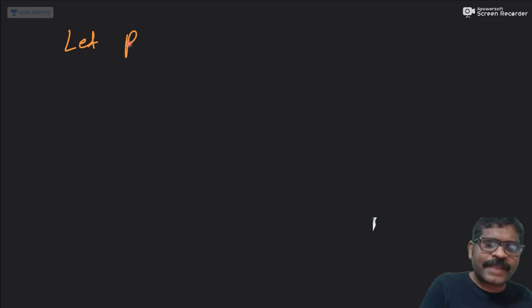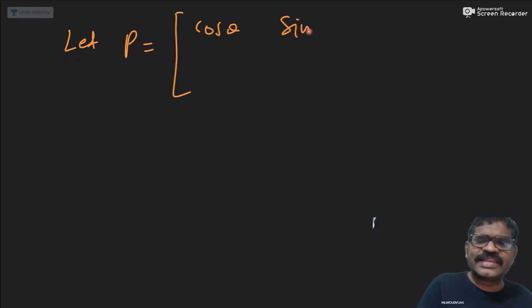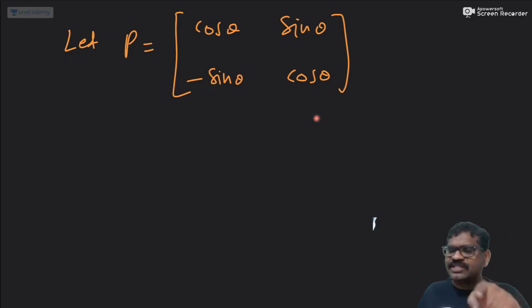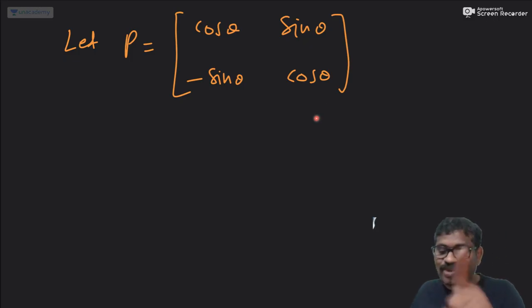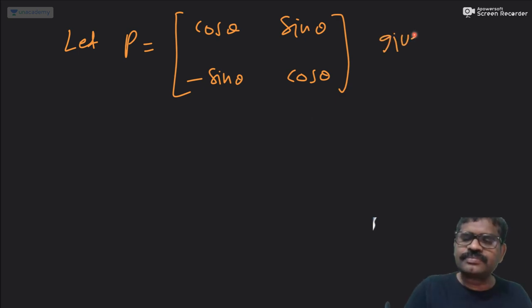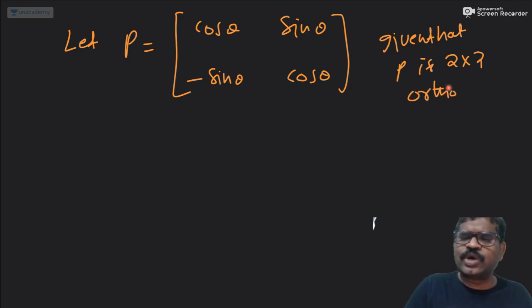Observe. Let matrix P equal cos theta, sin theta, minus sin theta, cos theta. Sir, why have you taken this example? Given that the matrix is orthogonal, that's why I have taken this example. P is a 2 cross 2 orthogonal matrix.